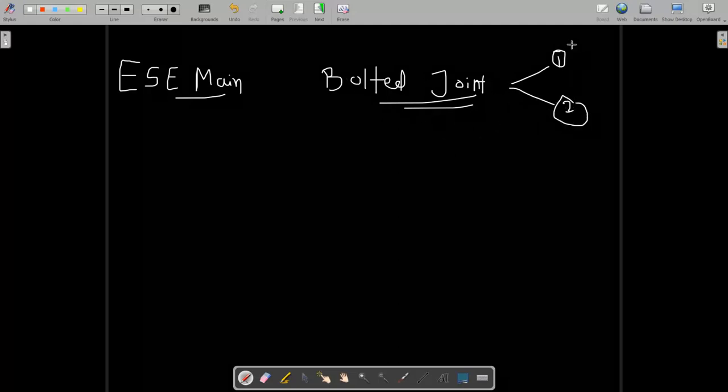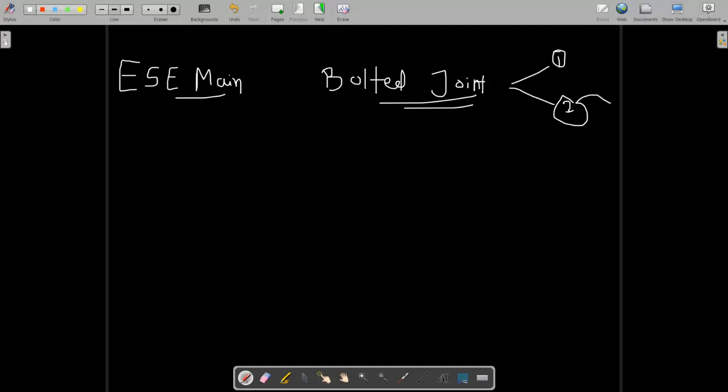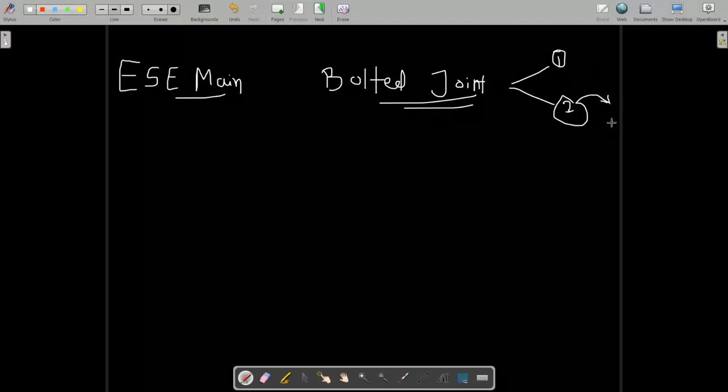For those who know, this is a revision, and for those who don't, today you will come to know how to solve this bolted joint, especially when eccentricity is given, and how to solve the problems of eccentricity. Among the eccentricity numericals, this is the very basic, the easiest question.